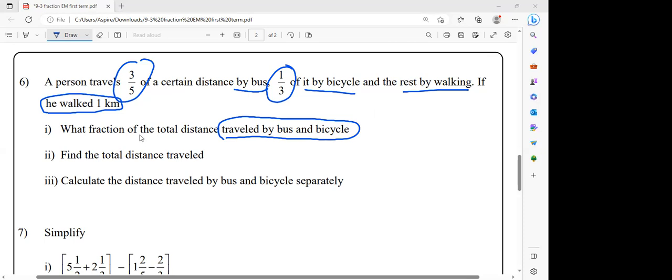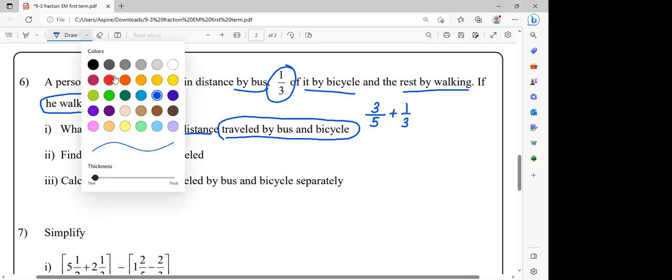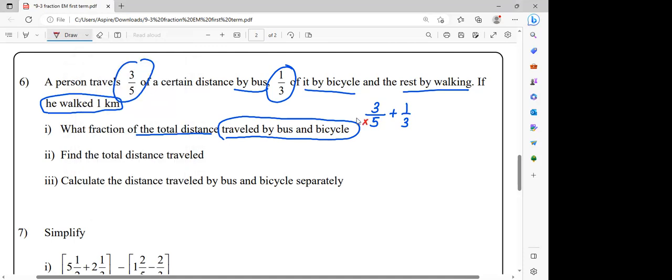Very good. When it is given total, that means definitely you have to take a sum. That means you have to add the given fractions or any numbers. Okay, here also it is a sum of two fractions with different denominators. So convert these into the common denominator.